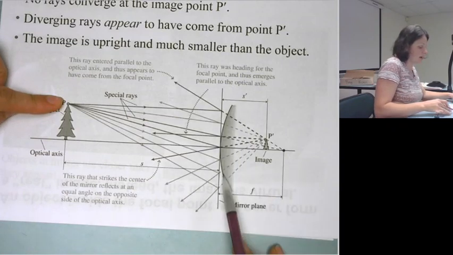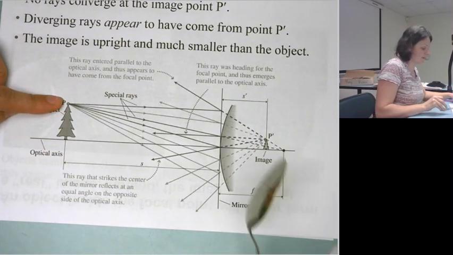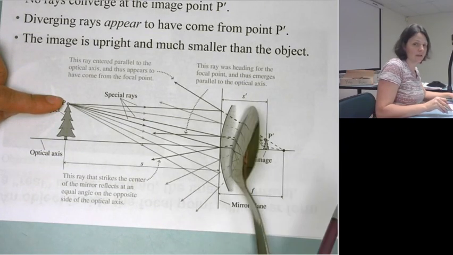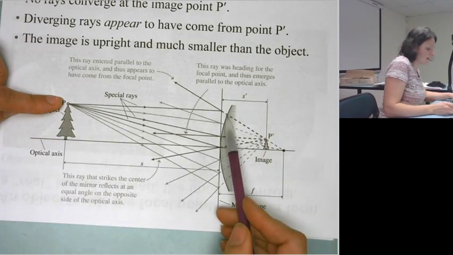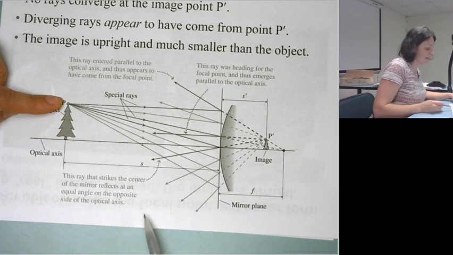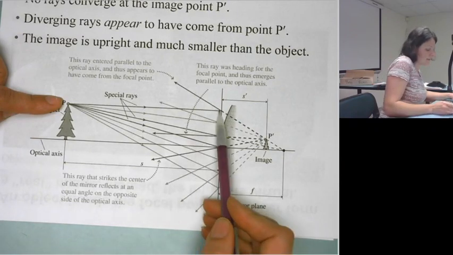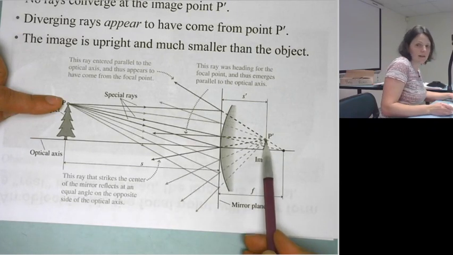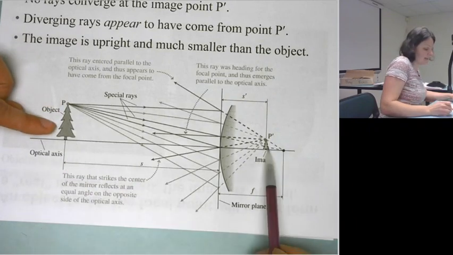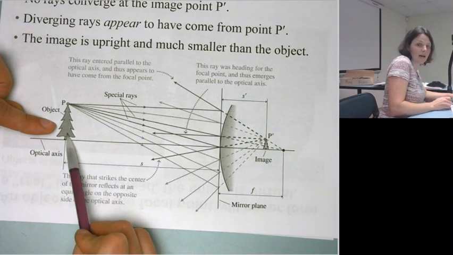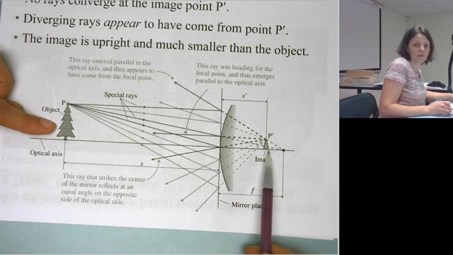They're hitting our convex mirror. The convex mirror would be this side of the mirror instead of the concave side. They hit the convex side of the mirror and they bend. And as they bend, they appear to be coming from a spot behind the mirror. And you see here that this image is smaller than the object. That will always be true.